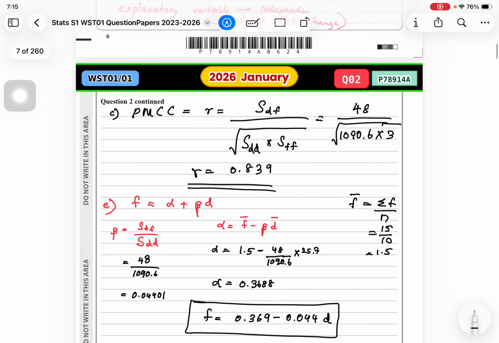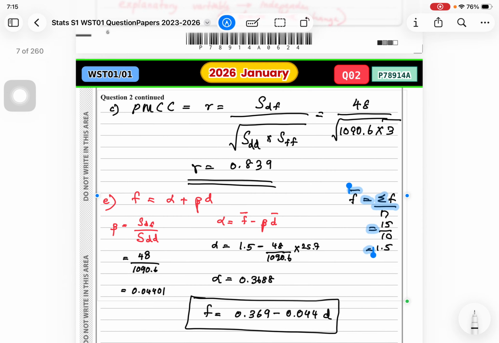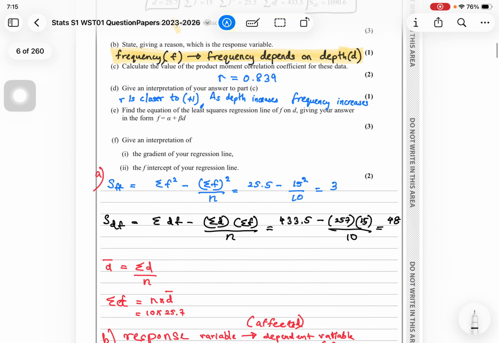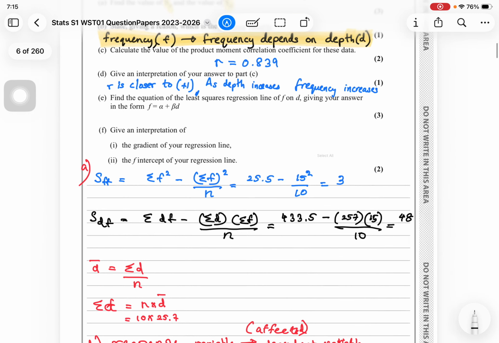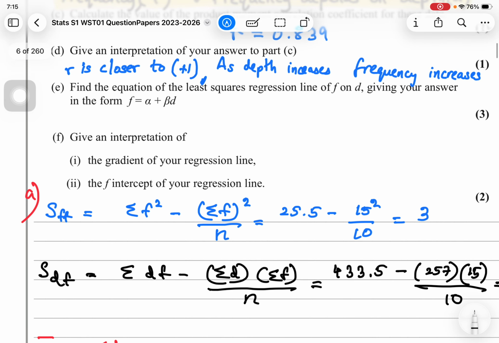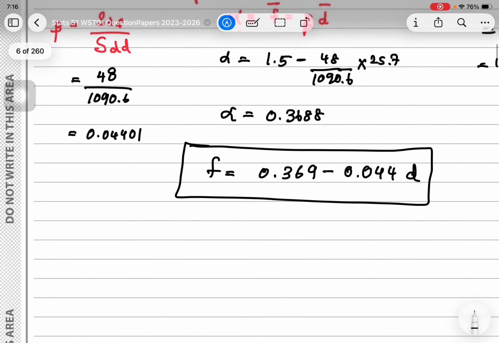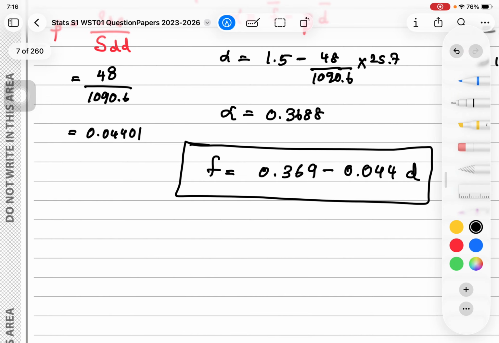Okay, that was quite interesting. It was like facts that you need to know. Now once you have it, you have to give an interpretation of the gradient and the F-intercept. In the Roman numerals, they are asking for the gradient and the y-intercept.